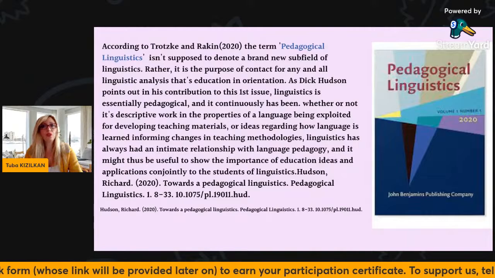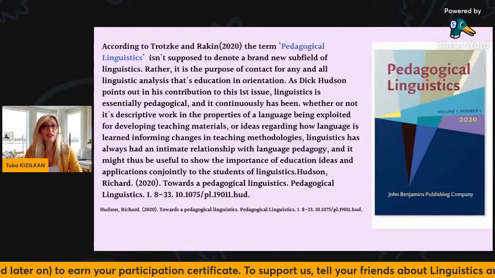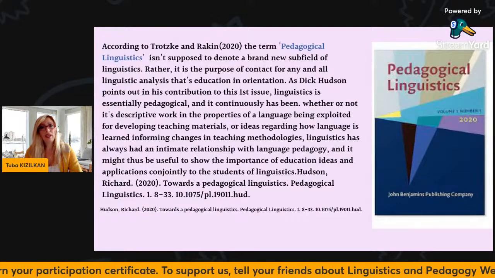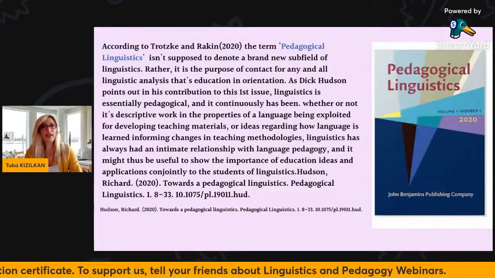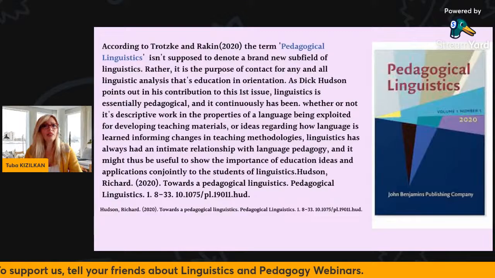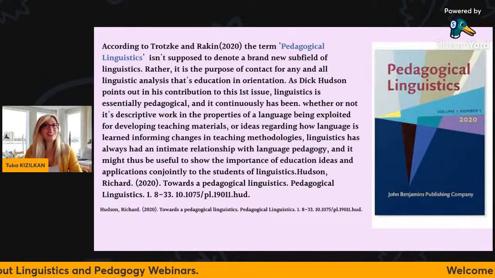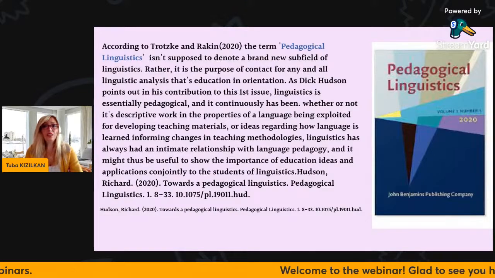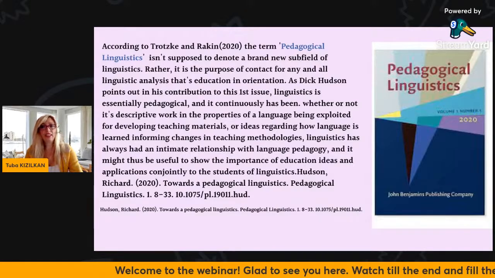Rather, it is the purpose of contact for any and all linguistic analysis, that is, education in orientation. And also, Dick Hudson points out in his contribution to the first issue, linguistics is essentially pedagogical. So, actually, linguistics is already pedagogical, and it continuously has been.